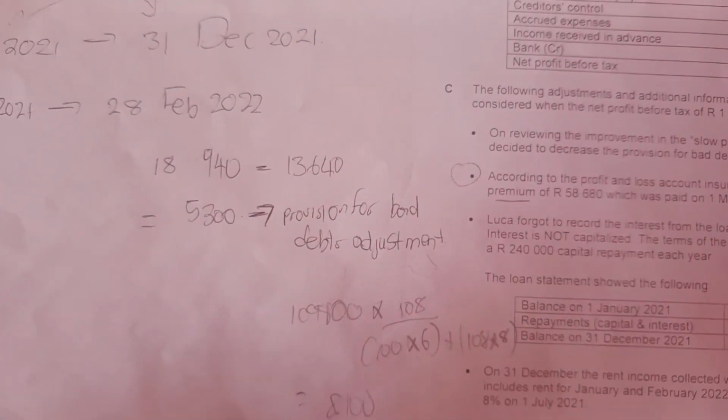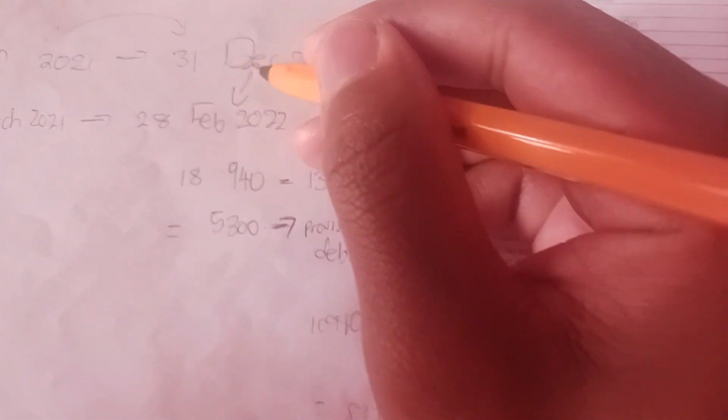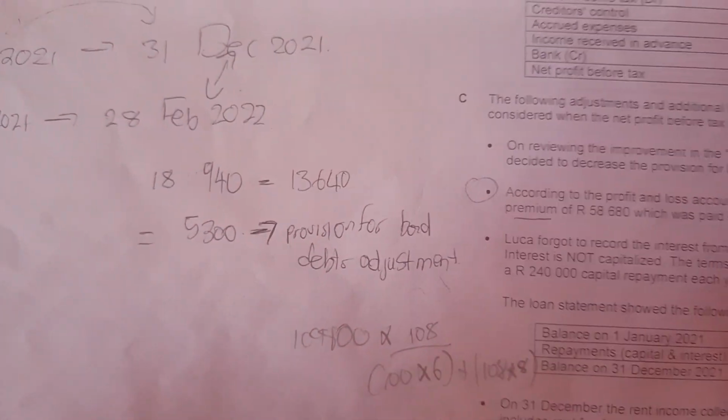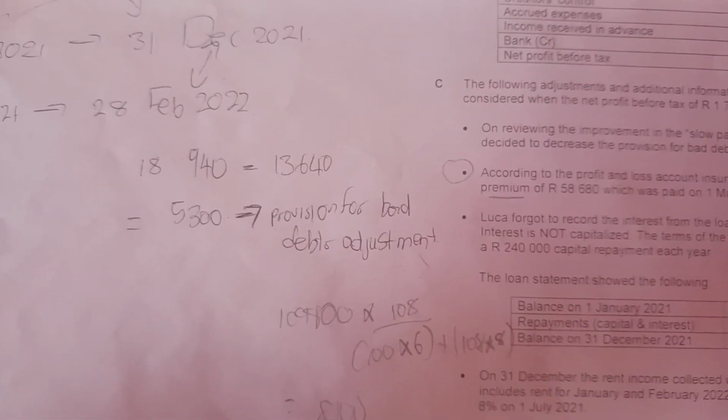Now, if it's annual, meaning it was paid for the period of 1 March 2021 to 28 Feb 2022, do you understand that? We have to find how many months were prepaid, because remember, it's an expense. So we prepaid this expense.